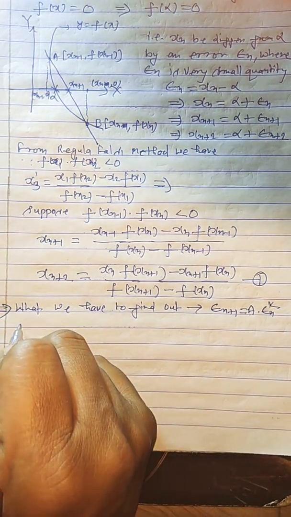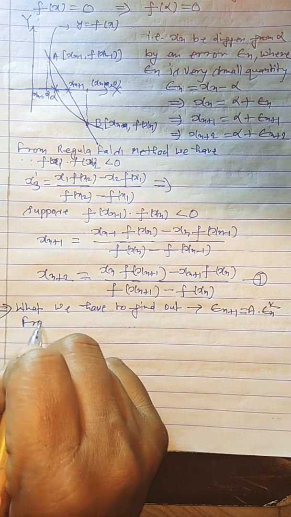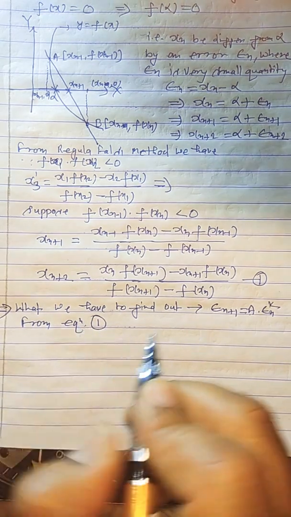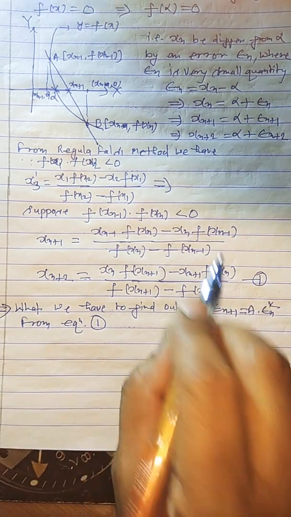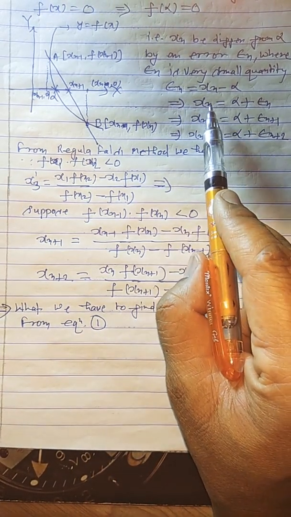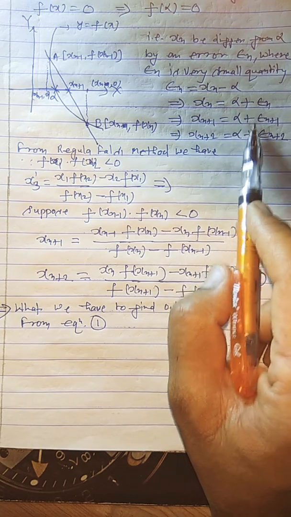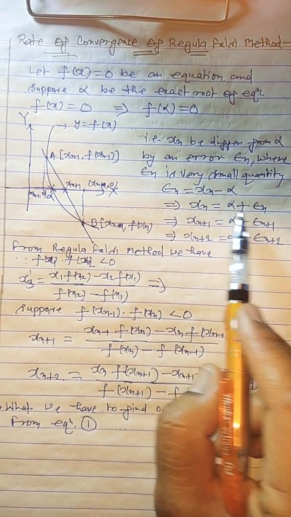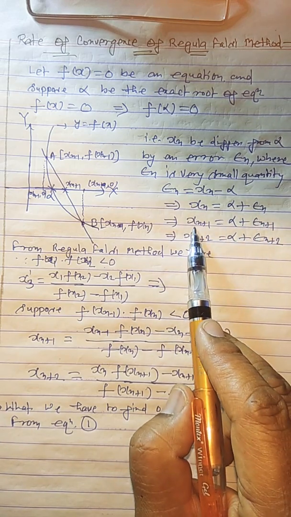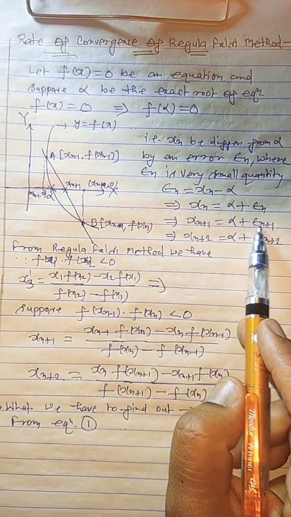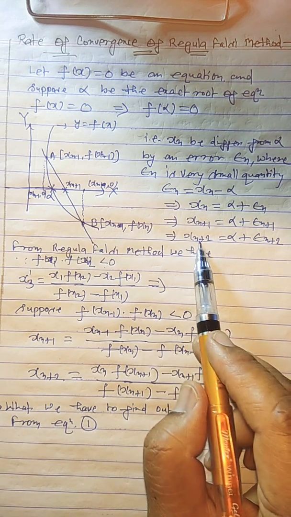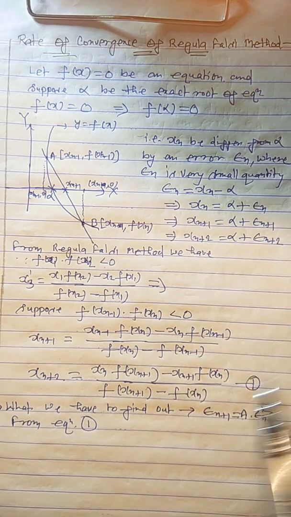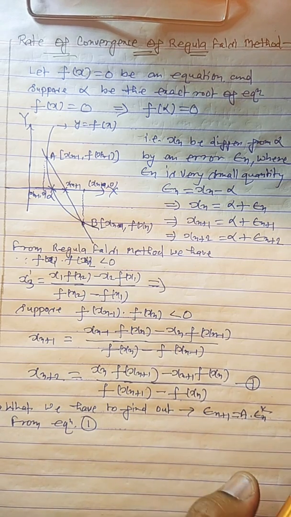Now from equation 1, we put the values of xn, that is alpha + epsilon n, x(n+1), that is alpha + epsilon(n+1), and x(n+2), that is alpha + epsilon(n+2), in equation 1.